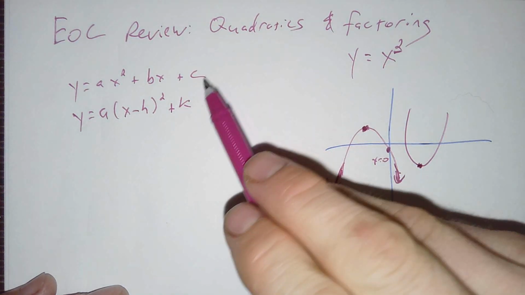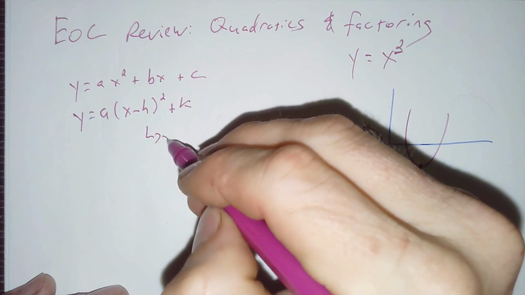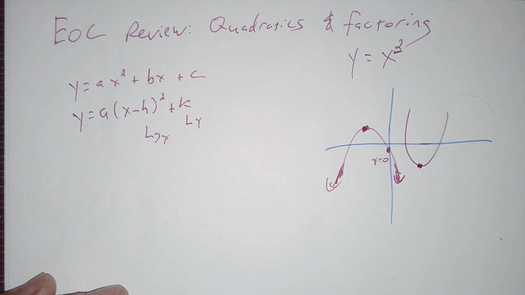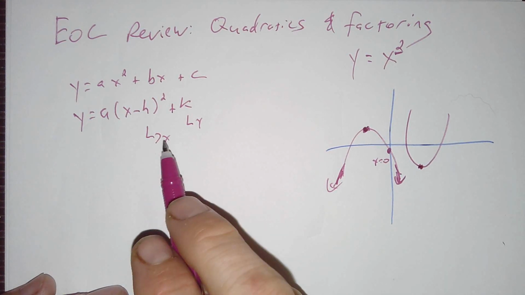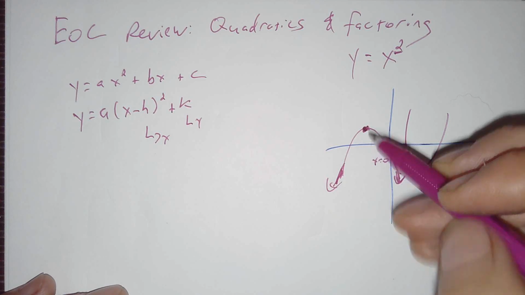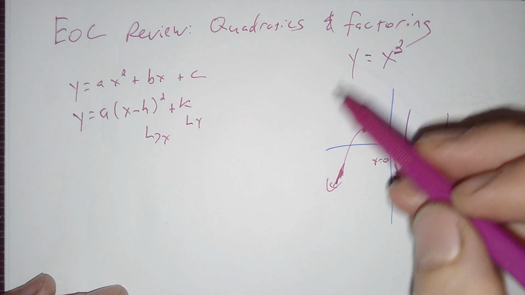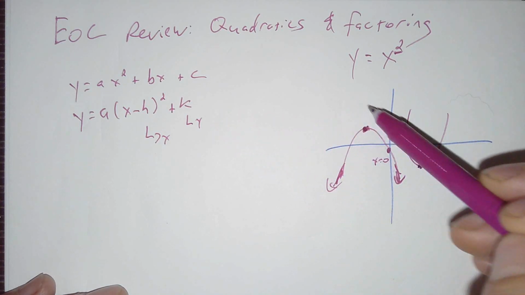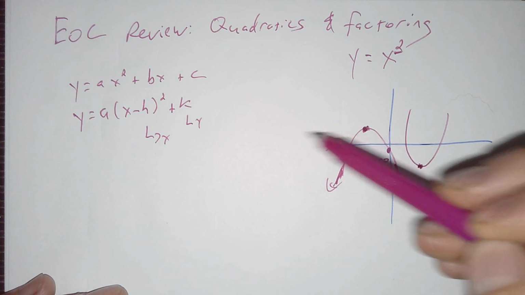So h is the x value of your vertex, and k is the y value of your vertex. Recognize that the h is subtracted, so the x value is opposite: it would be positive in the equation if it is negative here. The y is not opposite.